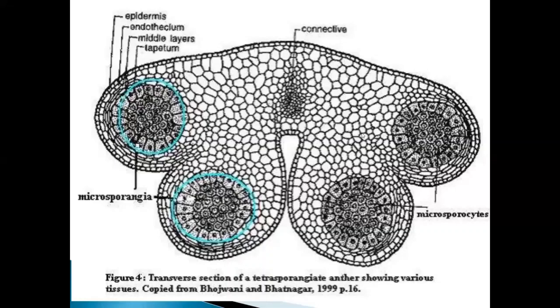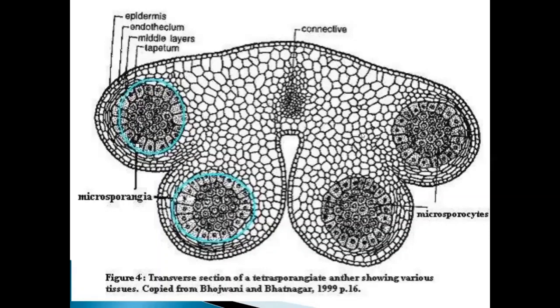The epidermis is the outermost protective layer of the microsporangium. It looks like unicellular cells arranged compactly, consisting of a single layer of cells without intercellular spaces.